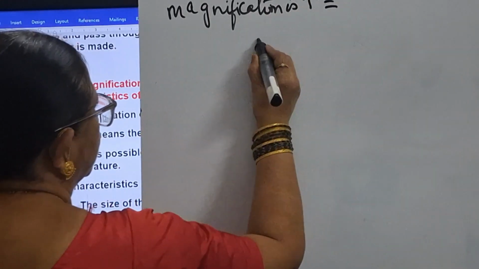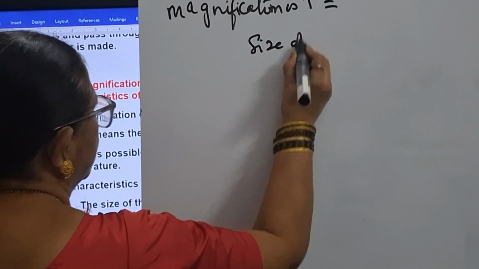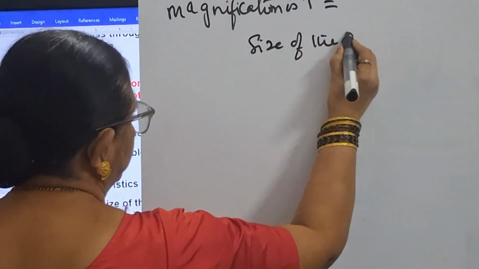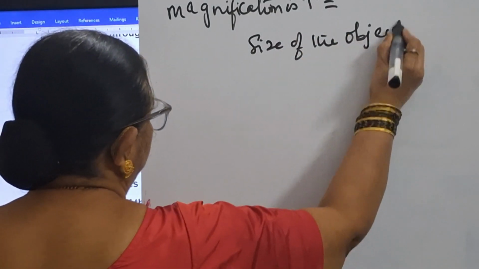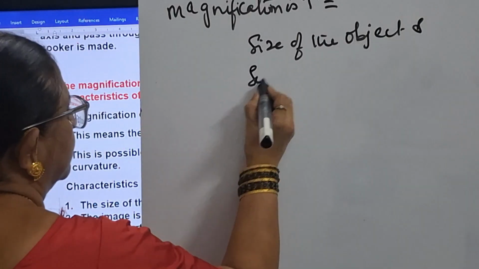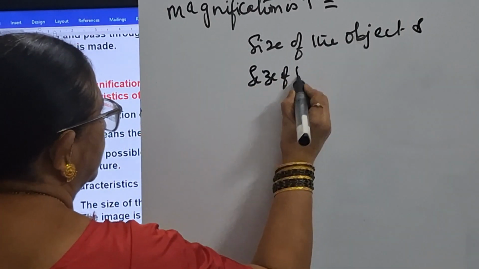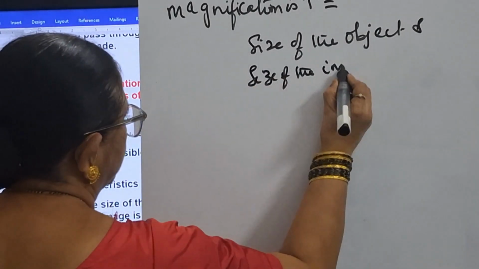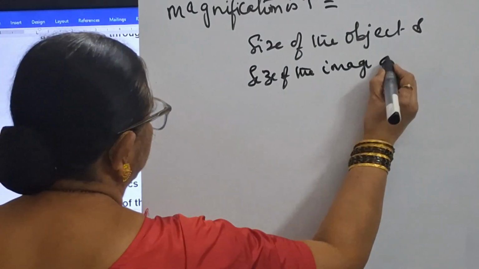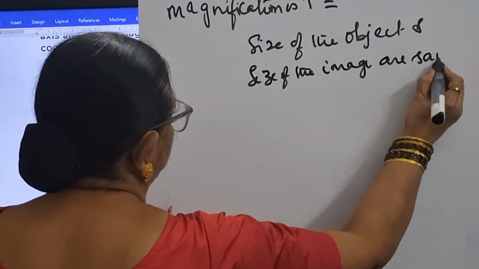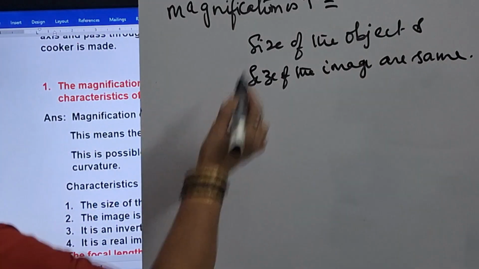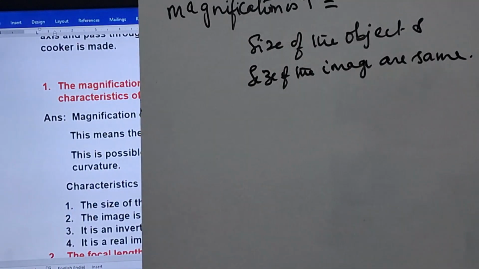It means the size of the object and size of the image are the same. You should know this meaning, children. 1 in the sense size of the object and size of the image is the same.